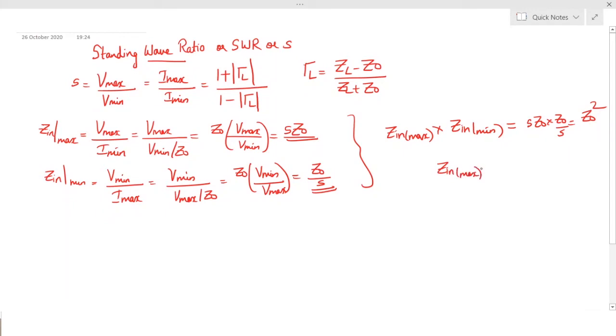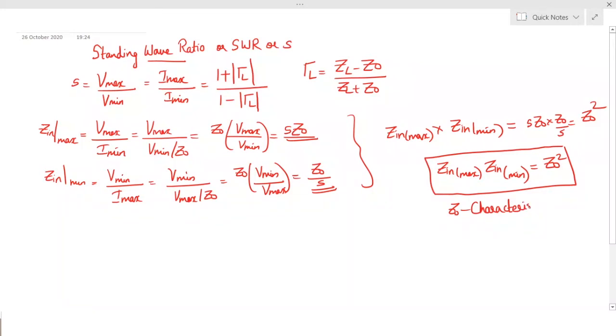The product of minimum and maximum value of Zin will be equal to Z0 square. Here Z0 is the characteristic impedance of the transmission line.